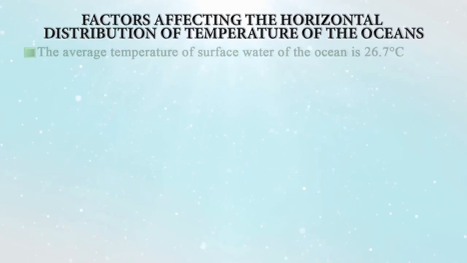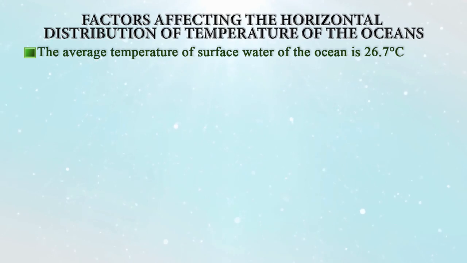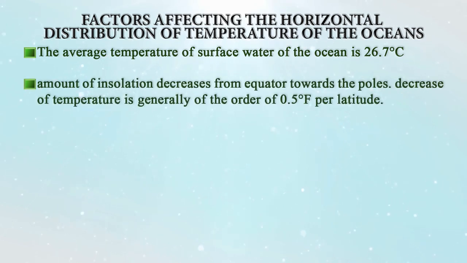Factors affecting the horizontal distribution of temperature of the oceans. The average temperature of the surface water of the ocean is 26.7 degrees centigrade. The amount of insolation decreases from the equator towards the poles, and this decrease is generally of the order of 0.5 degree Fahrenheit per latitude.